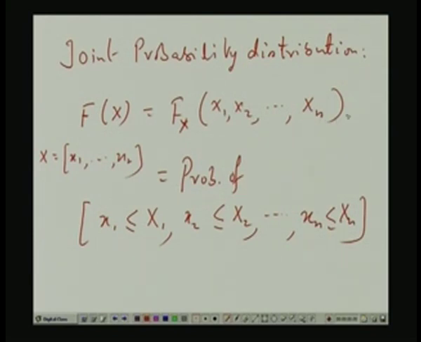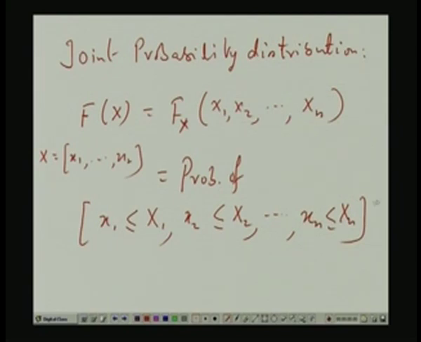Sometimes when I do not need it, I may skip the subscript X. But when I am dealing with two or more such distribution functions, to differentiate between them I may put the subscript. Now, this is for the joint probability distribution, and you can easily see that it is a function of n variables, x1 to xn.